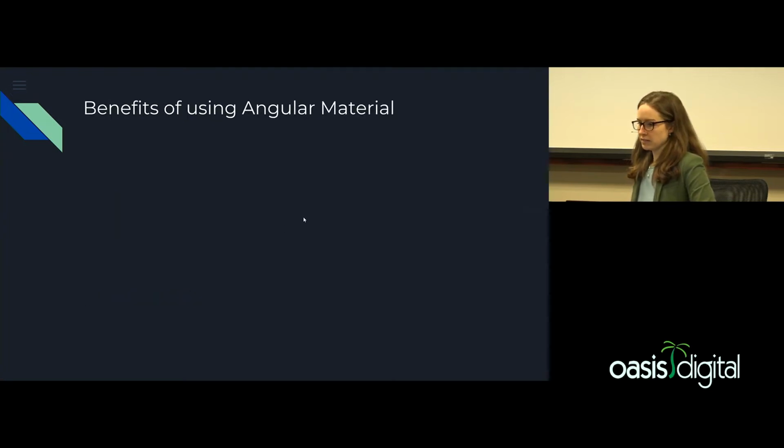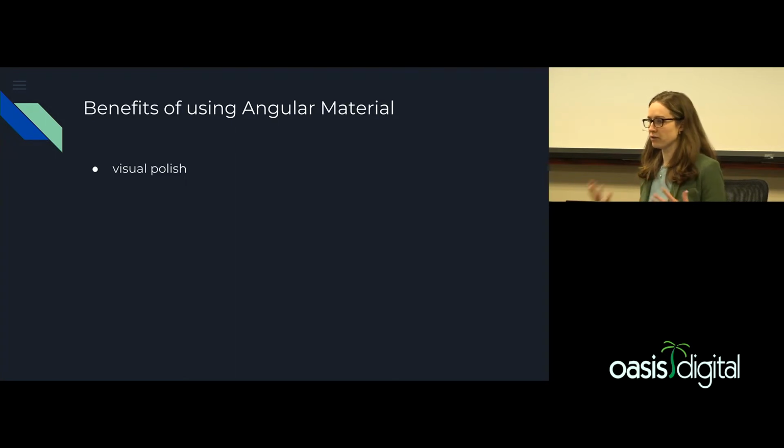So some of the benefits of using Angular Material. One of the key ones is visual polish. Material design started as the design system for the products that Google creates for the public, including the Android operating system and Gmail and a whole bunch of other things.